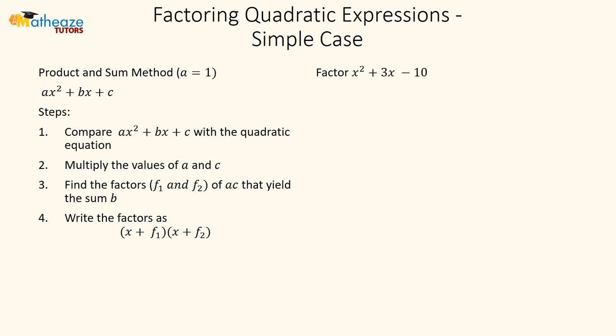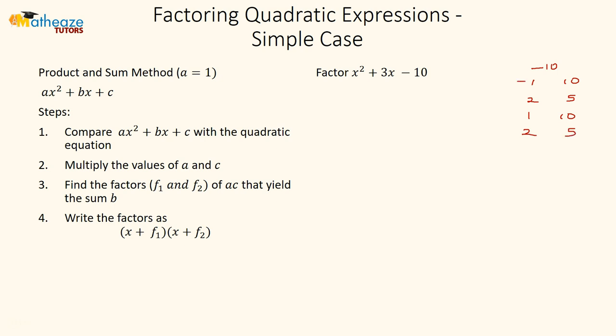Let's look at another example. So we have x squared and negative 10. So I'm going to just ignore the x squared in this example. We have negative 10. The factors are 1, 10, 2, 5. Because it's negative, I'm going to have another set.